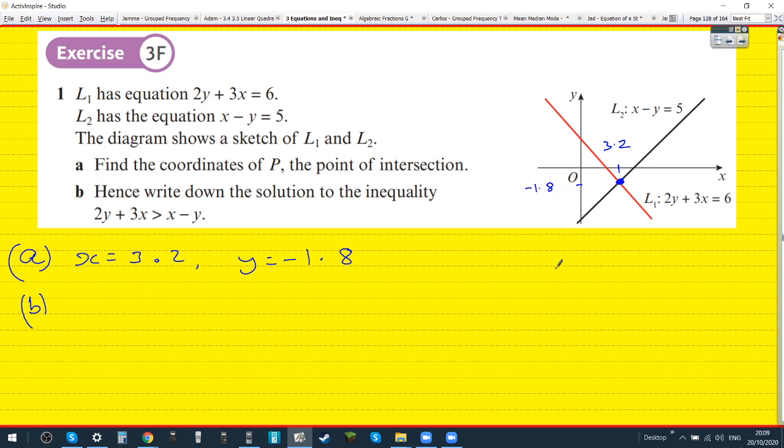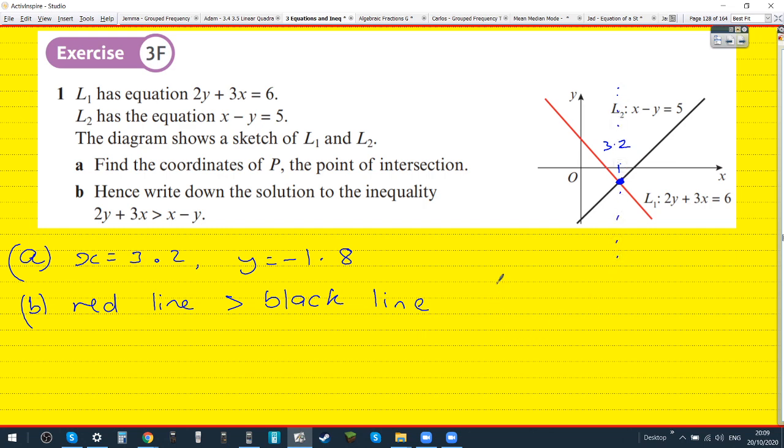No. Where is the, so 2y plus 3x, that's the red line. So where is the red line greater than the black line? Where is it higher up? When it's above 3.2. To the left of 3.2.